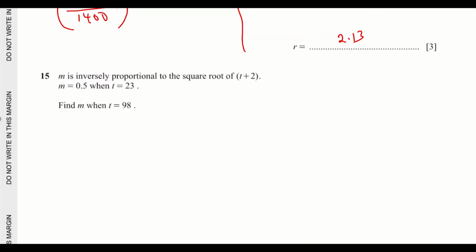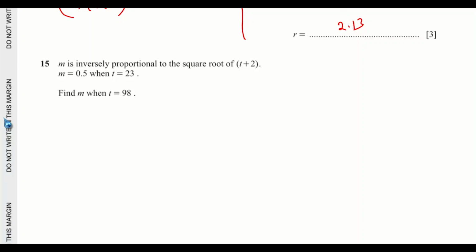m is inversely proportional to the square root of t plus 2. m equals 0.5 when t equals 23. Find m when t equals 98. So m is inversely proportional to the square root of t plus 2.